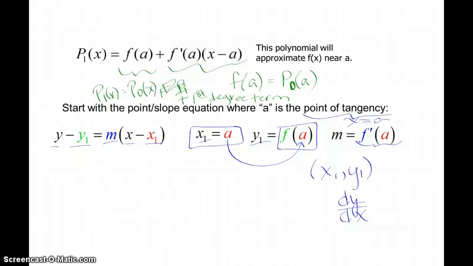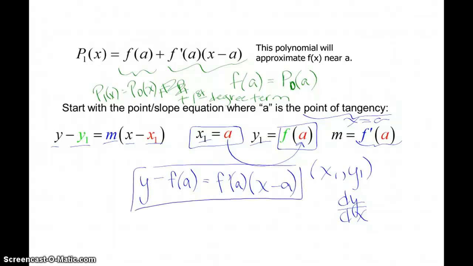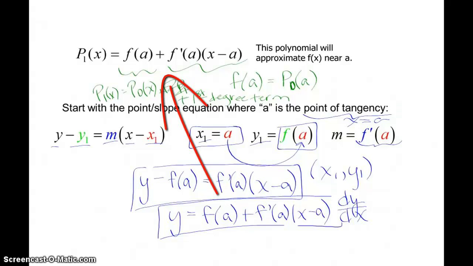So if I plug all those values in, y minus y1 equals the slope times the quantity x minus x1, and I solve that for y, in other words, add f of a to both sides, hopefully you can see the equation of the tangent line in this polynomial approximating form.